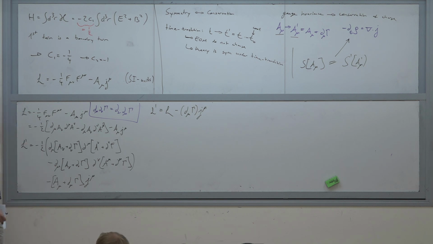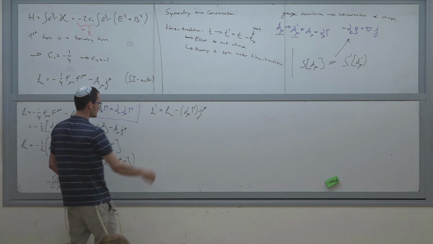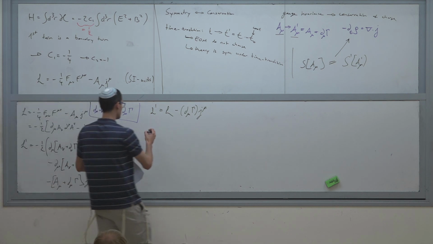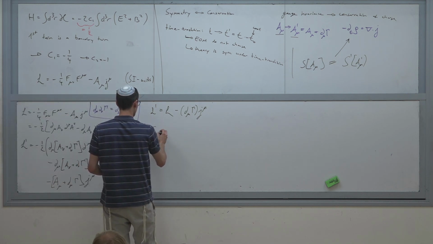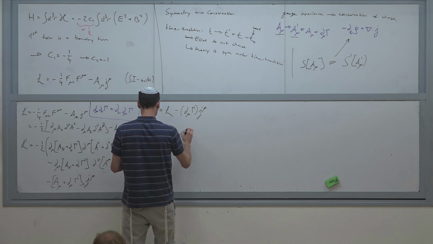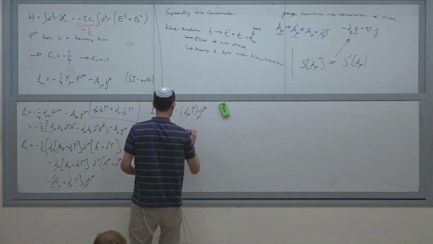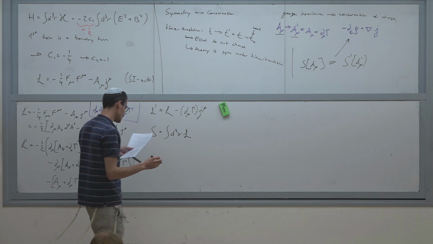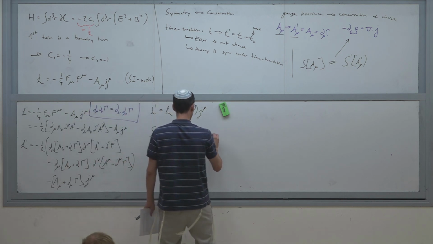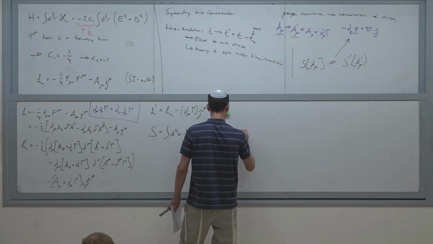Good, perfect. So using this simple property, it's just a matter of writing out the terms and you'll get this form. Now this means that the old action, which is integral d4x L, which I require to be equal to S prime, which is integral d4x L prime.